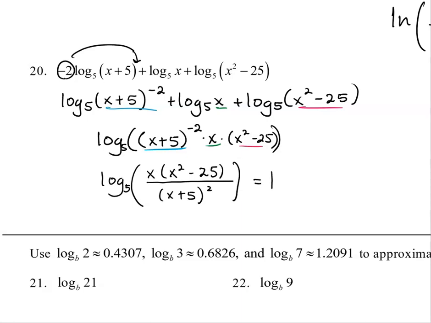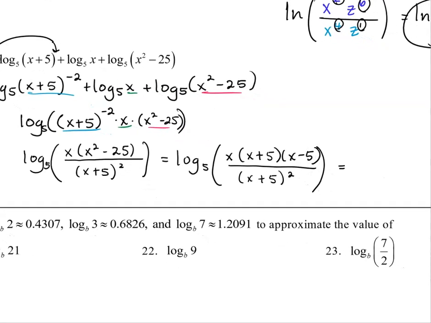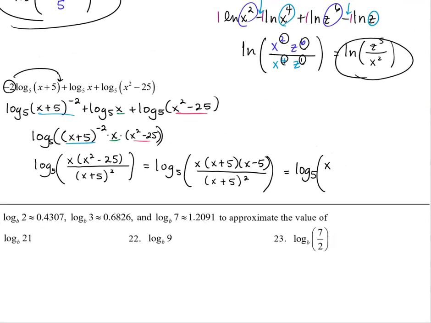And now we can simplify this because x squared minus 25 factors into x plus 5, x minus 5. And the denominator of this is x plus 5 squared. So one of those x plus 5s will cancel and leave us with log base 5 of x times x minus 5 divided by x plus 5.